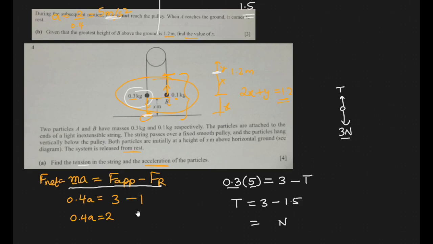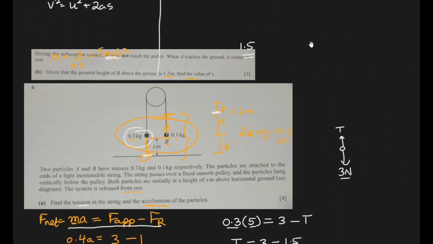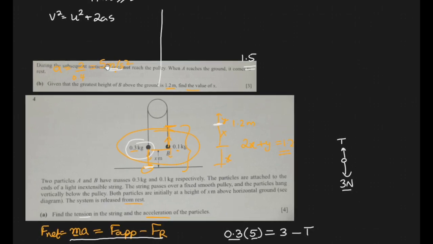The acceleration of the system was already known to us, which was 5 meters per second squared. So V square we want to find, U square was 0, 2 times 5, and S, the distance the system traveled from here to here, is X meters. So V square is equal to 10X.